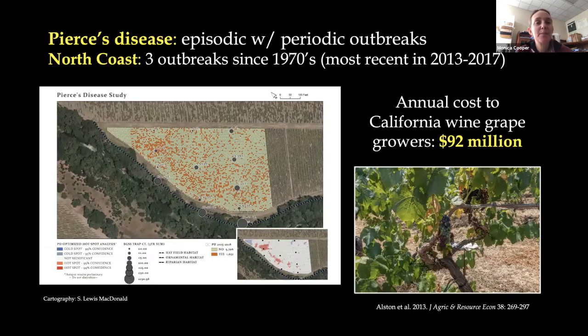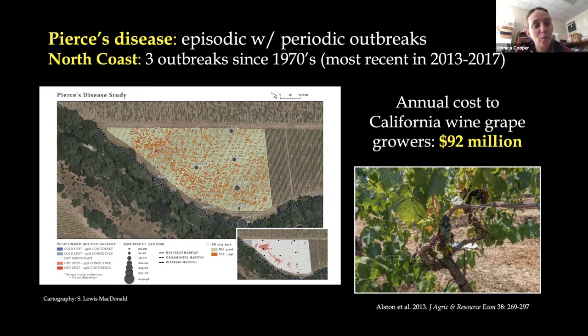So Pierce's disease is episodic within the North Coast region. There's some kind of low level of disease present somewhat continuously, particularly in areas that are really close to the riparian habitat. But every once in a while, we have outbreaks. And during those outbreaks, we get massive spread of the disease. And some vineyards and vineyard blocks, particularly those that are close to riparian or other suitable habitat, can have populations of 50 or 60% of the vines infected with Xylella.